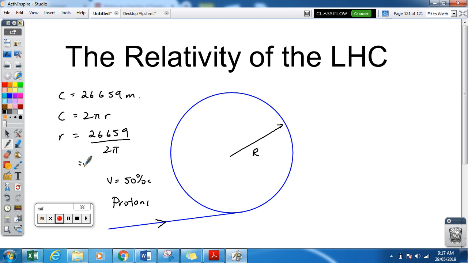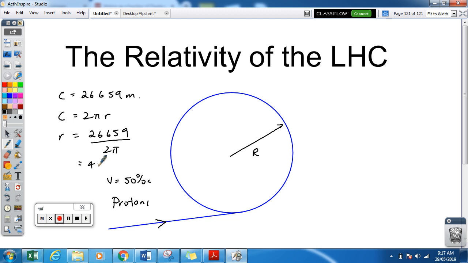I'll just type it into the calculator I've got in my hand here. So that's 26,659 divided by 2 pi. That gives us a radius of 42,000. That's not right. Let me do that again. That's 26,659 divided by 2 pi.